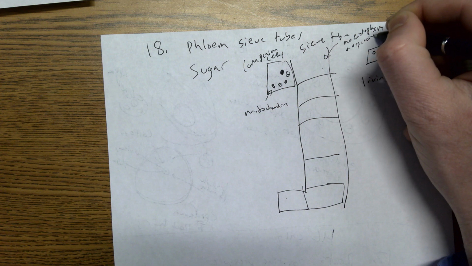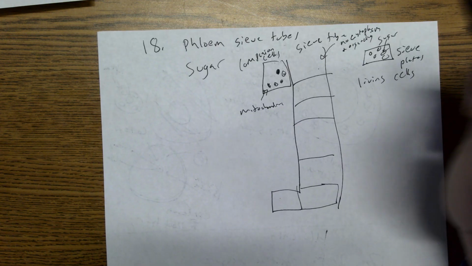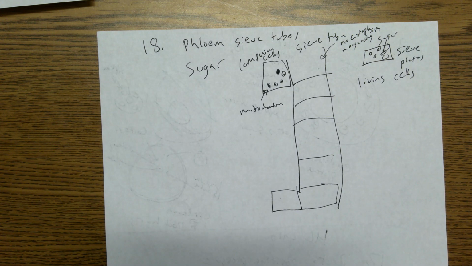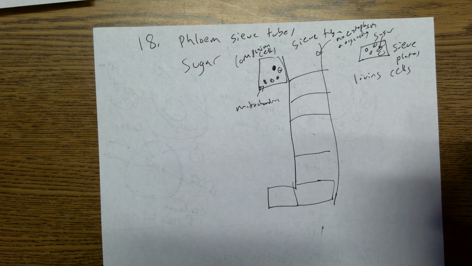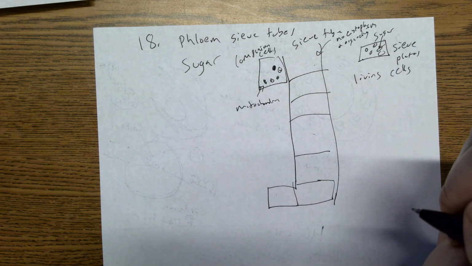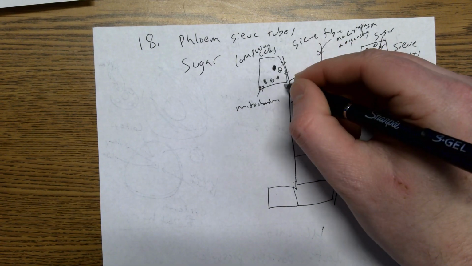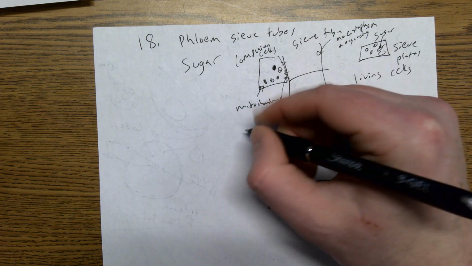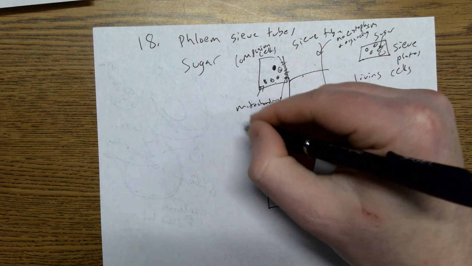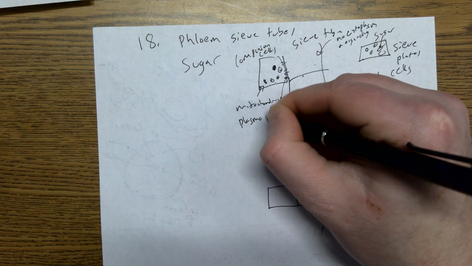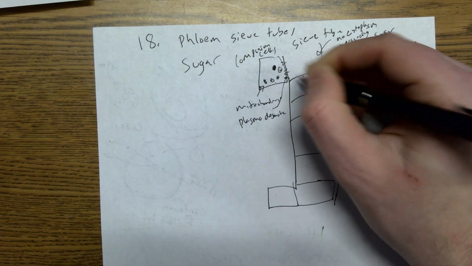They stay alive because they have a companion cell that's giving them all the energy they need. Now, there's one last structural thing we want to talk about, is that they have these little holes in between them, between the companion cell and the sieve tube, called plasmodesmata, to allow for sugar to move as well.